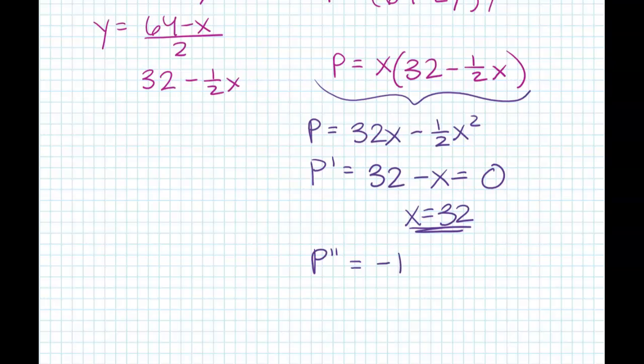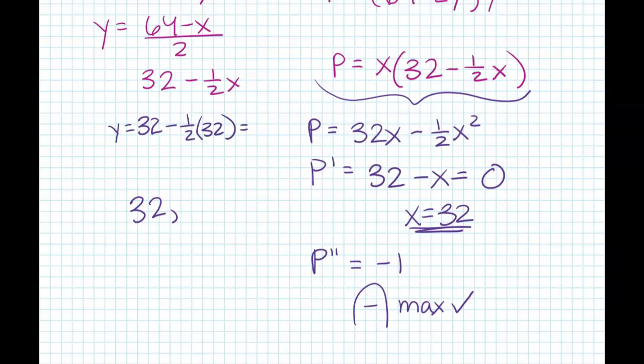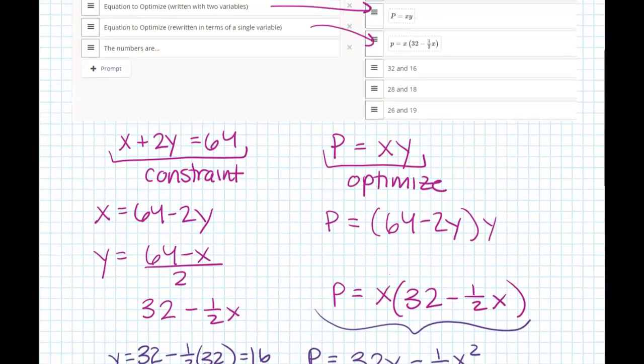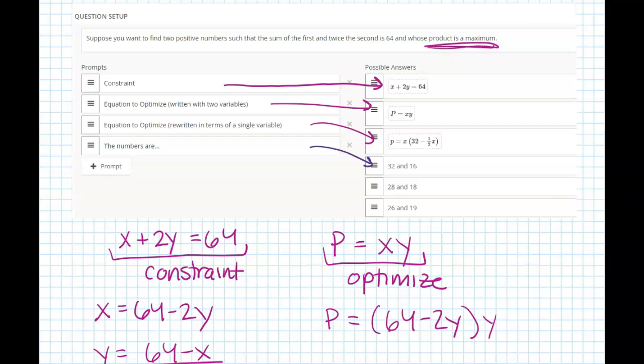Second derivative is -1. So that has to be a maximum, which is good because you're trying to maximize. So that means our numbers are 32. And then y is 32 minus 1/2 x. So 32 minus half of 32 is 32 minus 16, which is 16. So then our numbers are 32 and 16.